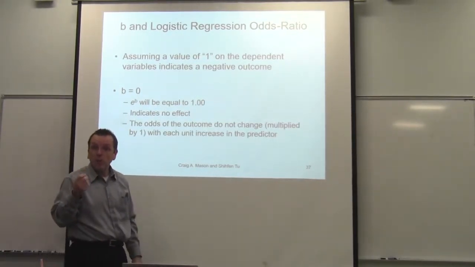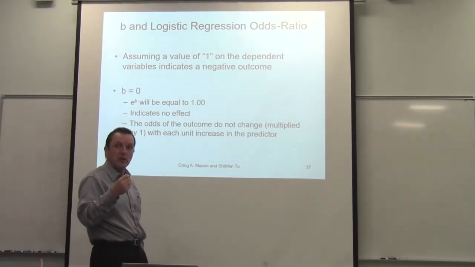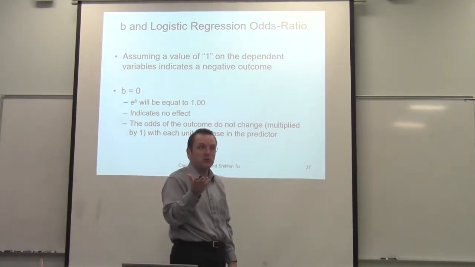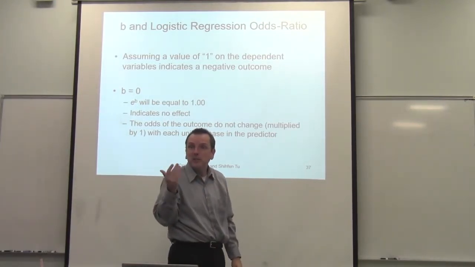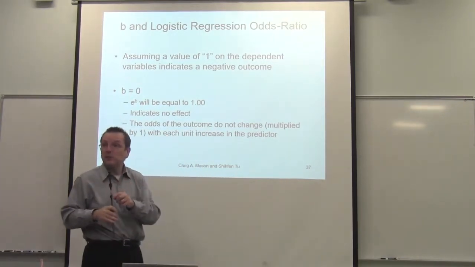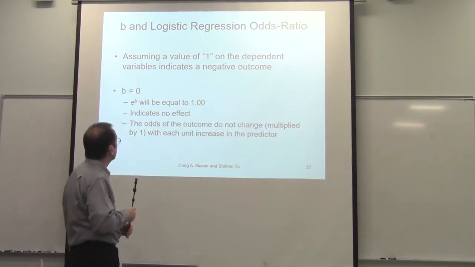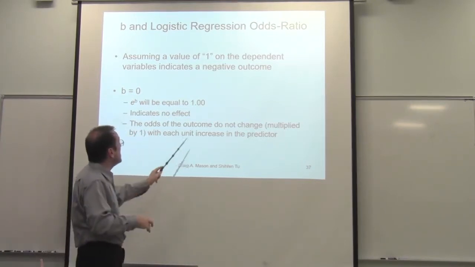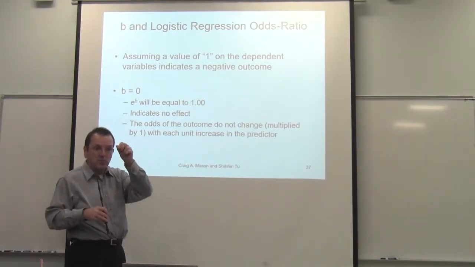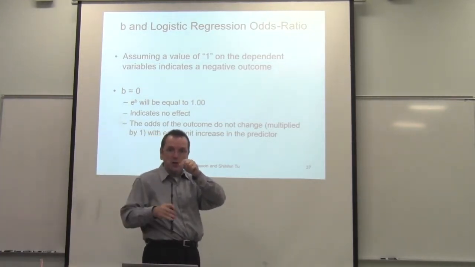An odds ratio of 1 means, what's the increased odds of dropping out with a unit increase? Well, the odds are exactly the same as they were before. I should have flipped these around a bit, because the odds are multiplied by 1. I take the previous odds and multiply by whatever the odds ratio is.